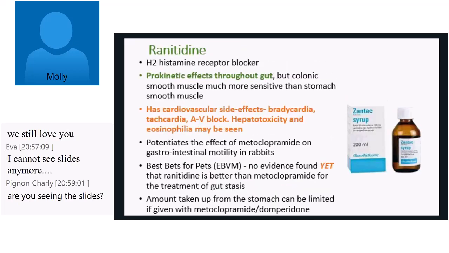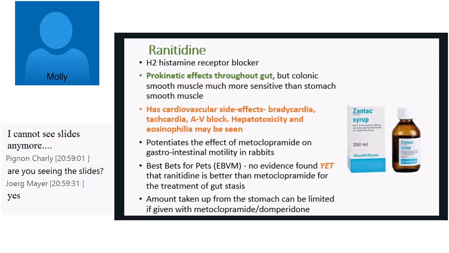So ranitidine is perhaps my go-to prokinetic. It's a H2 histamine receptor blocker, and this drug shows gentle prokinetic effects throughout the gut. The colonic smooth muscle is potentially probably a little bit more sensitive to the effects of the drug, but it's not necessarily massively obvious.